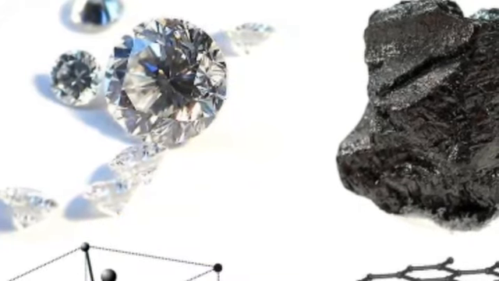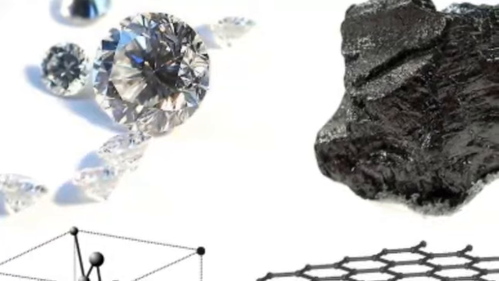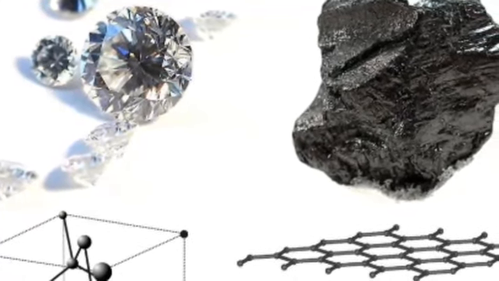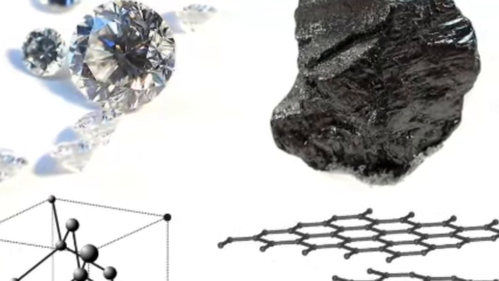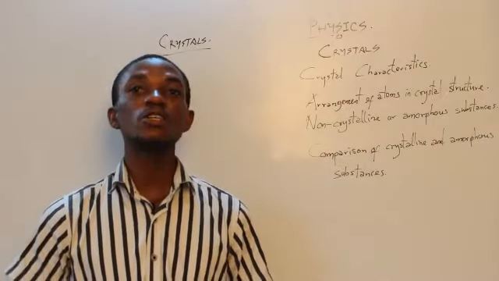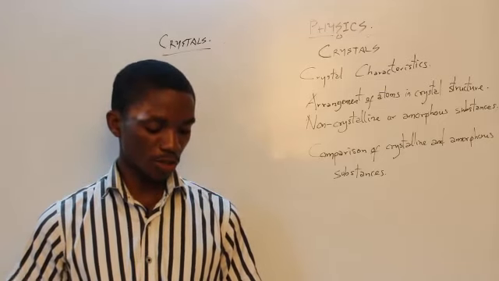Amorphous substances are actually shapeless, so you see something that is looking wavy. Now, what are the differences? How do we differentiate them from each other? While crystalline substances have definite shapes and the atoms are arranged in a particular regular pattern, amorphous substances do not have a definite shape. That's the first thing that differentiates them from each other.